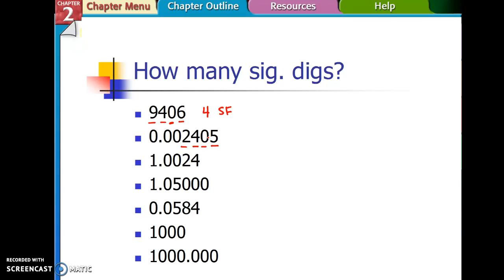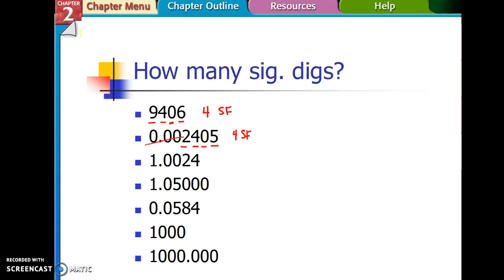Rule 3, zeros after decimal. Okay, we've got some of those. After a non-zero digit, we do not. These two zeros right here, that are between the decimal and the 2, are not after a non-zero digit. Rule 4, they are placeholder zeros, so they are not significant. So that means that there are 4 significant figures right there.